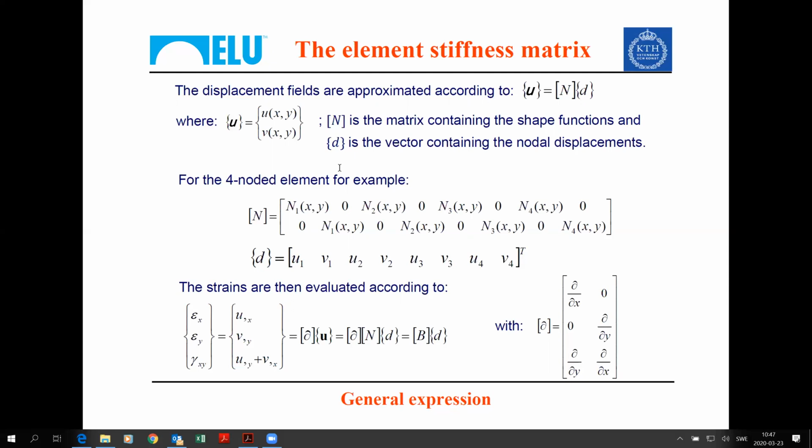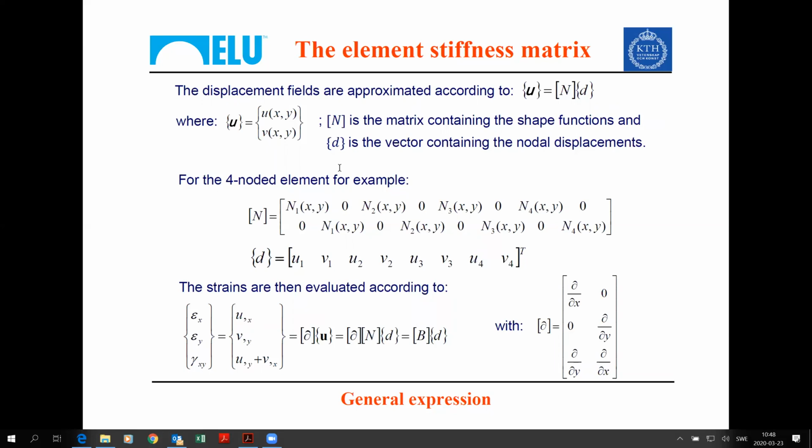We approximate the displacement field as the matrix N of shape functions multiplied by the vector d of nodal displacements. U, of course, contains the two displacement components, which are both functions of x and y. N is the matrix of the shape functions, while d is the vector containing the nodal displacements.